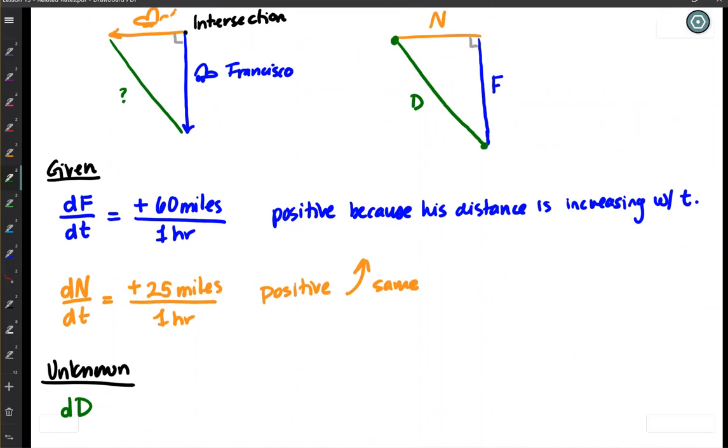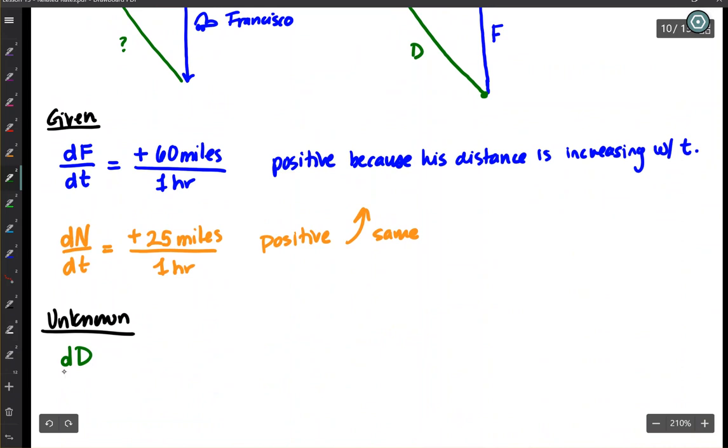Maybe you want to use a different letter, just dd dt might look weird. Or if you want just, d prime. We want to find this when, or let's just say 2 hours after driving.